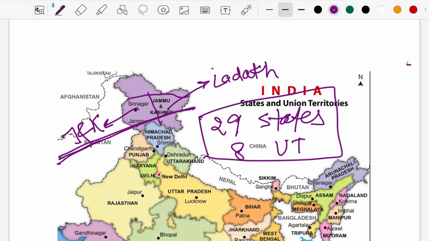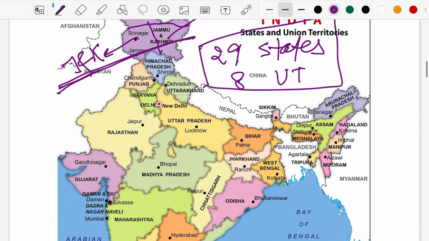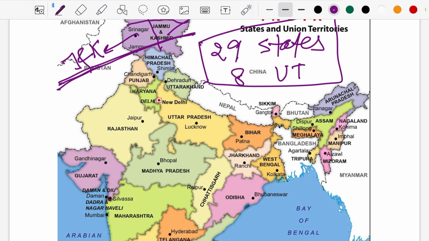Okay. And then we have the 29 states. These are the names of the states. First we'll go through the states, and then we'll go through the union territories. Okay. You can follow this map and repeat it along with me.